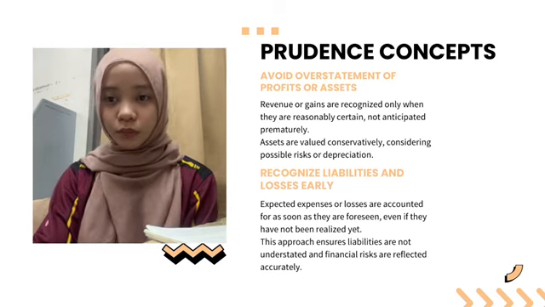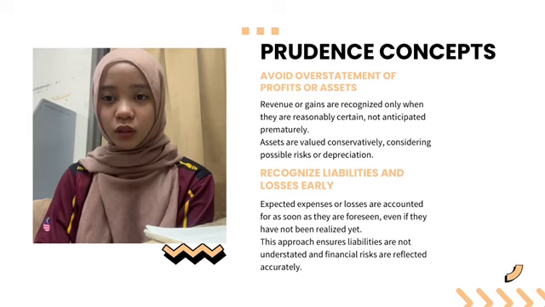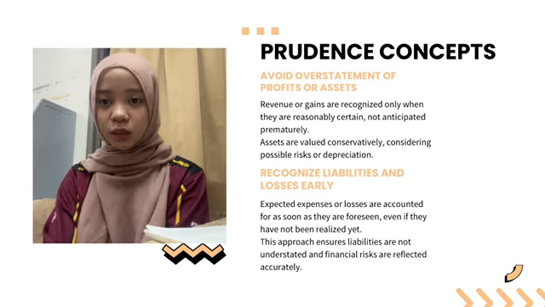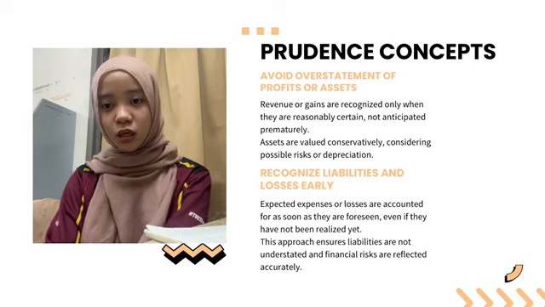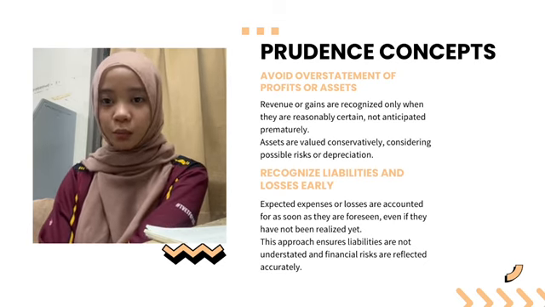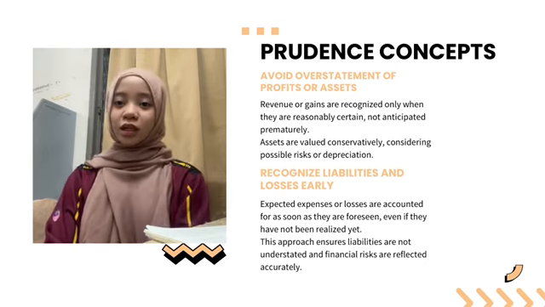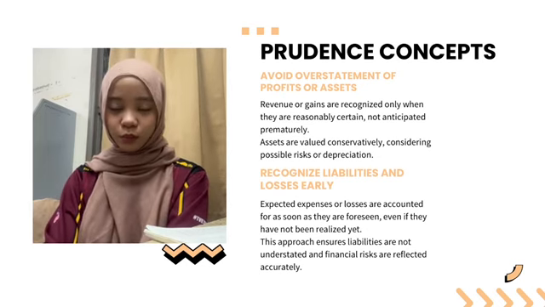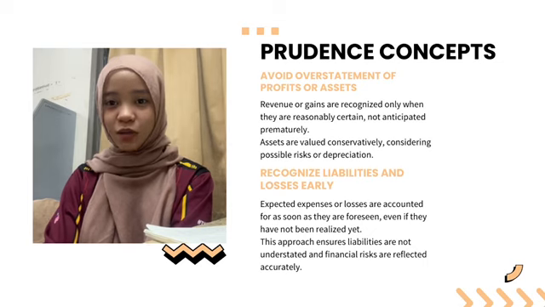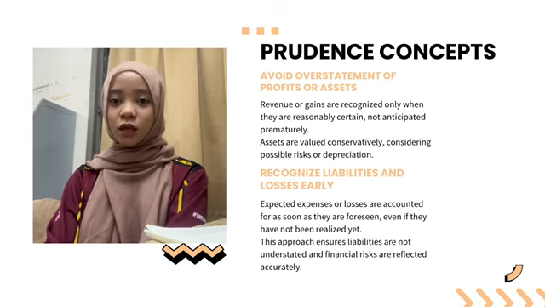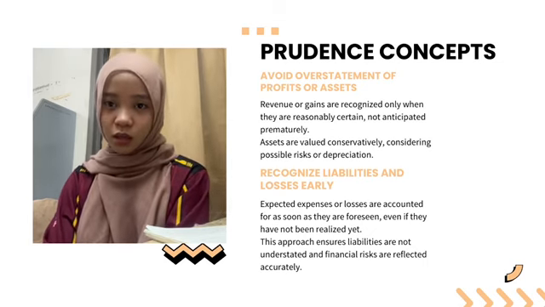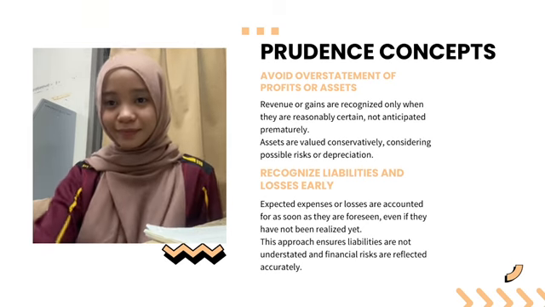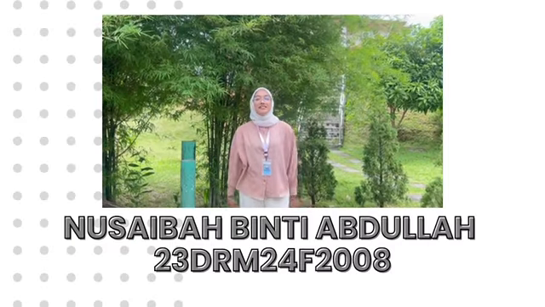For example, if a business expects a doubtful debt, an amount owed by a customer that may not be paid, it would create a provision for the potential loss, even if the debt has not been officially declared as unpaid.